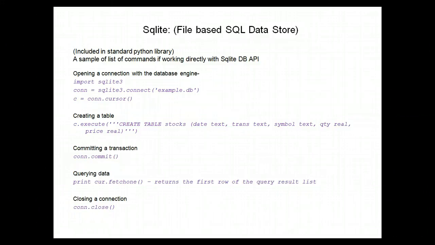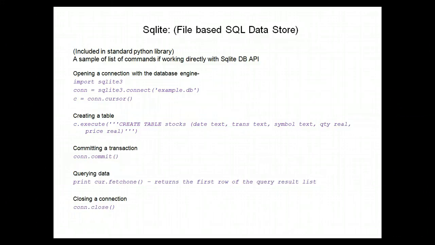That's like opening a file, or using a file descriptor. So you import SQLite, and you create an instance of the connection object, which is SQLite.connect. Example.db in this case is the name of the file that you are actually using as the SQLite database.